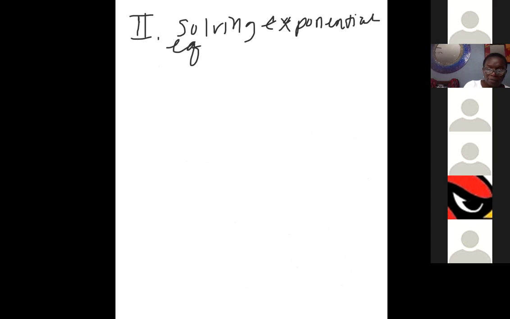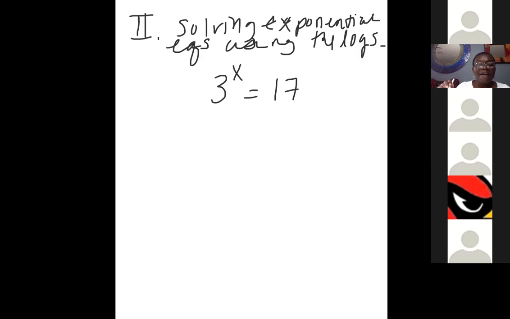When you are going to be solving exponential equations using the logs. All right, guys. Now, what in the world am I talking about? Let's say we have a problem like this, guys. 3 to the x is equal to 17. We cannot factor 17 into a base 3.